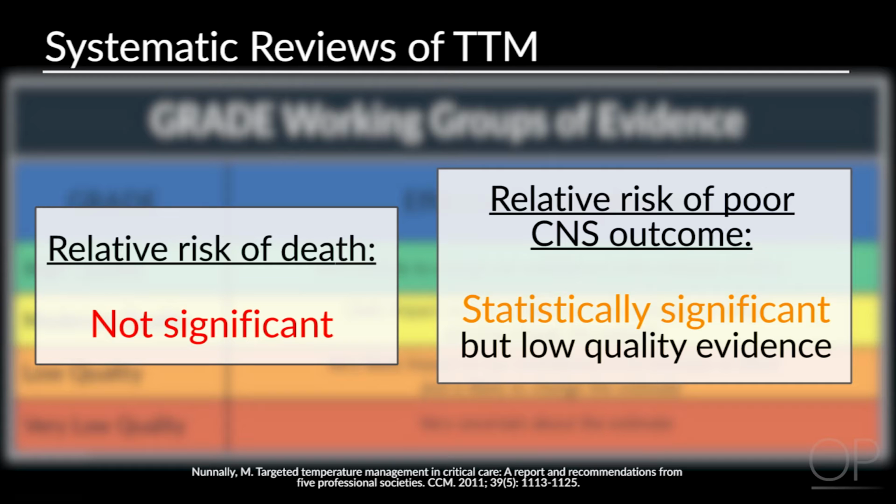But even then, the quality of the evidence that was graded was low. So we have a problem. We have a problem in that the data that is out there is by no means perfect, and we're left with having to make decisions about whether or not we should be using temperature-targeted management based upon the adult data.